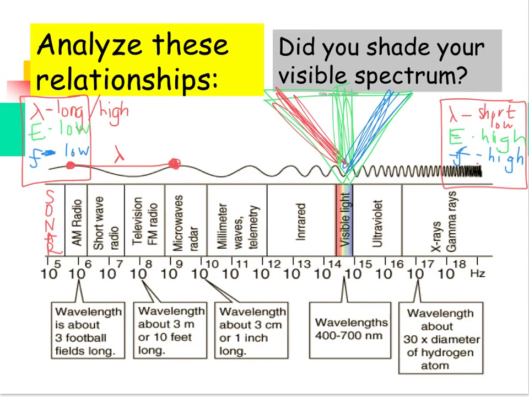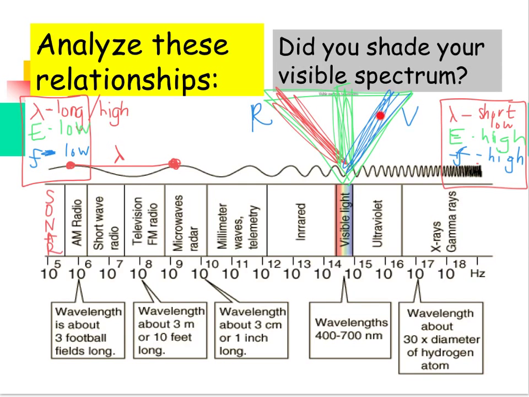Okay, if we're looking at this visible light spectrum, the R is closer to the long, low, and slow and boring side of this electromagnetic spectrum. R stands for red. If you look at the V side, which stands for violet, violet is closer to the high energy, short wavelength, high frequency side.